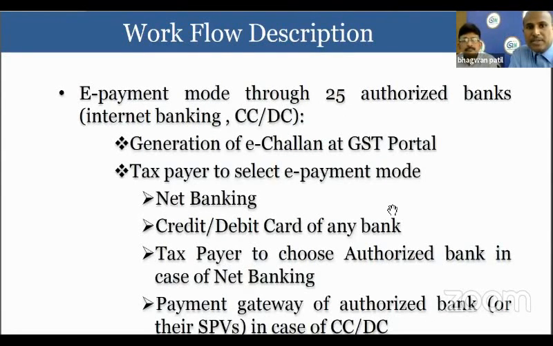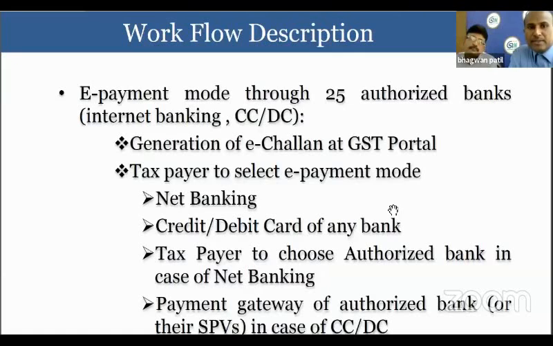Then the generation of the e-challan at the GST portal you will have to do. And then for check payment, the name of the authorized bank, where the instrument or cash is to be presented, is to be mandatorily filled in the challan. The taxpayer is to approach the branch of the authorized bank for payment of tax along with the instrument. Only one instrument you will have to use to pay all taxes, or cash for that 10,000 rupees.